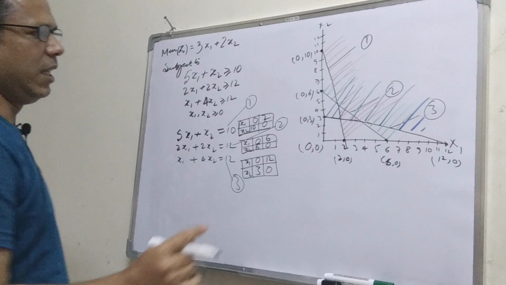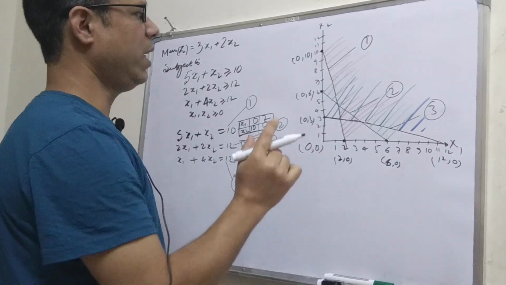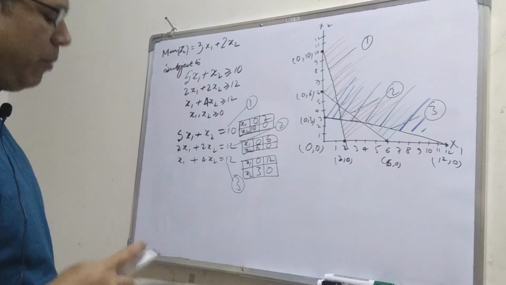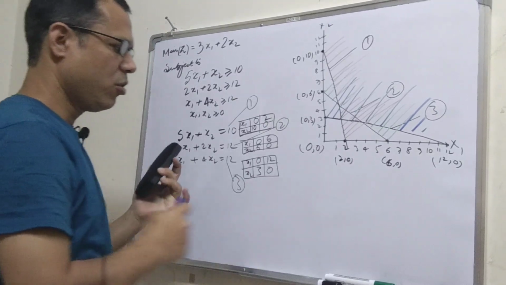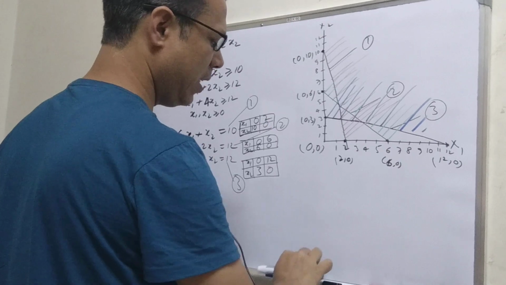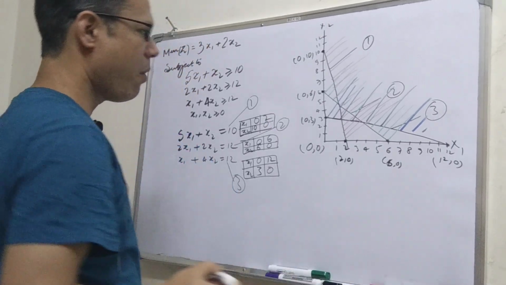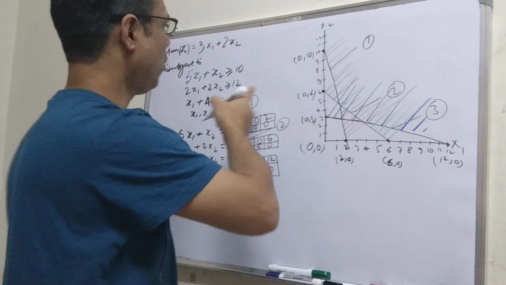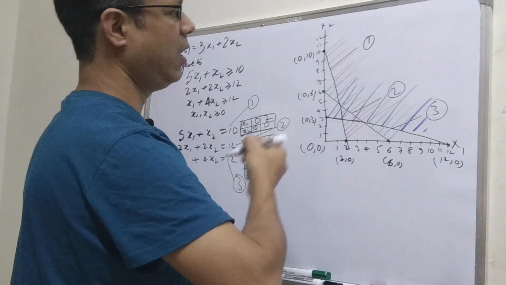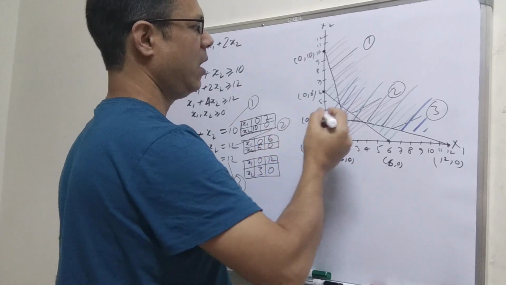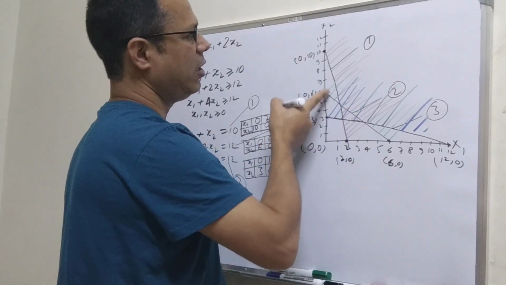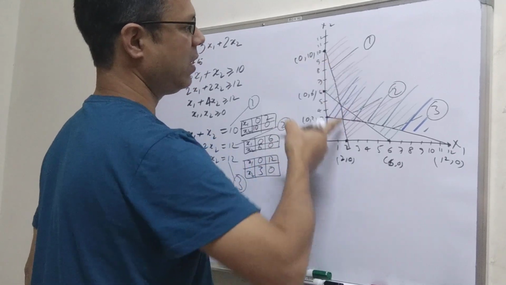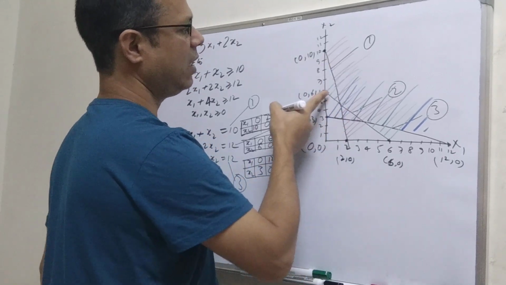Out of all these three, where are we going to get the combination of all these three colors? We may find it here. It is very clear if you look at the intersection. Because it is greater than or equal to, we need to find it in the upper portions of the xy axis. Here, at the intersection of the first straight line and the second straight line, this is green and this is blue.